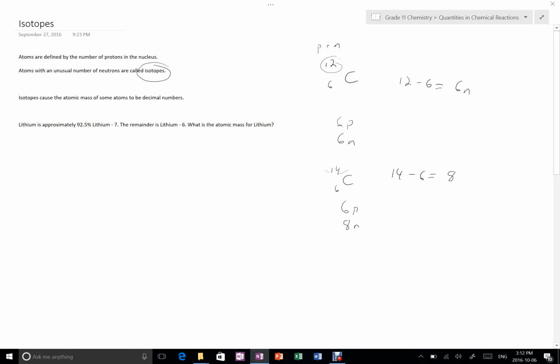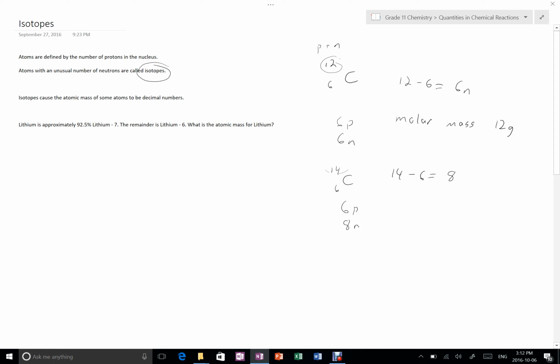So isotopes exist for almost all the different atoms that we have, and so we can see that we don't always have a consistent number of neutrons. If we were able to isolate this, and we wanted to think about this in terms of the relative atomic mass, or the molar mass, we would discover that carbon 12 has a molar mass of 12 grams.